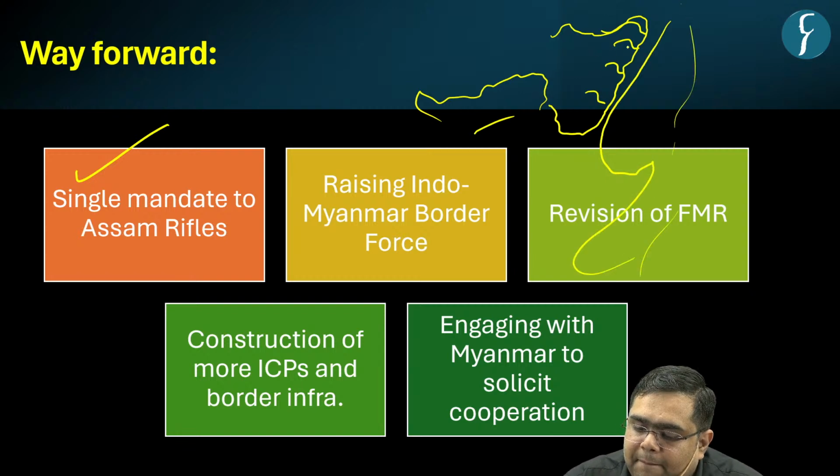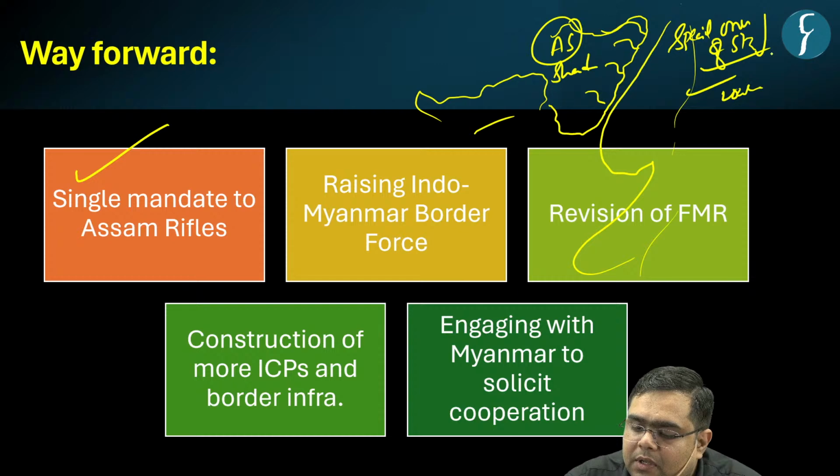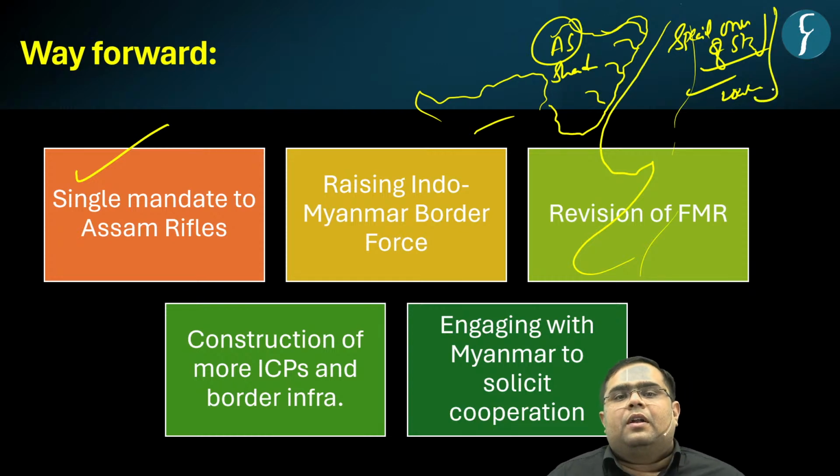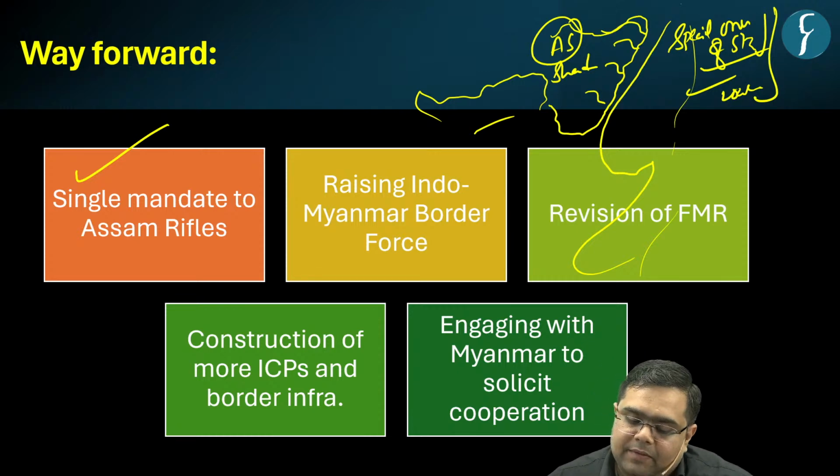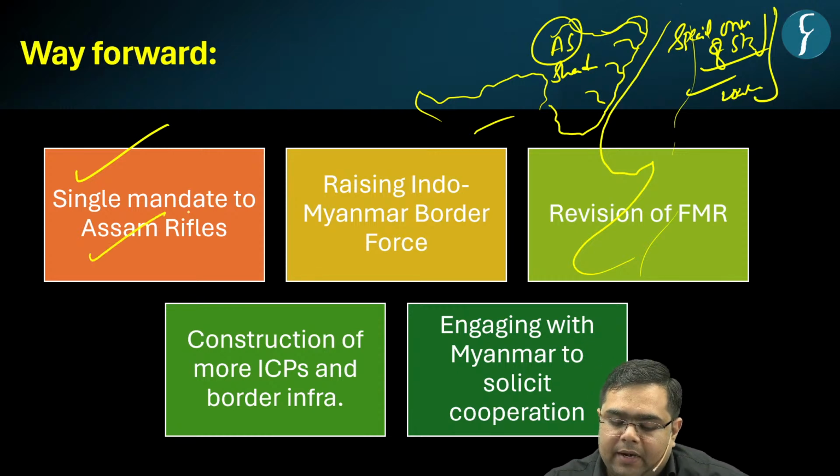So Assam Rifles has the mandate, but this mandate is shared with special units of states, right, and local police. So one of the recommendations is that a uniform mandate could be given to the Assam Rifles. This uniform mandate would lead to better border management.